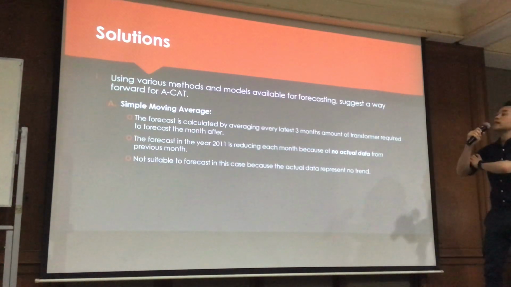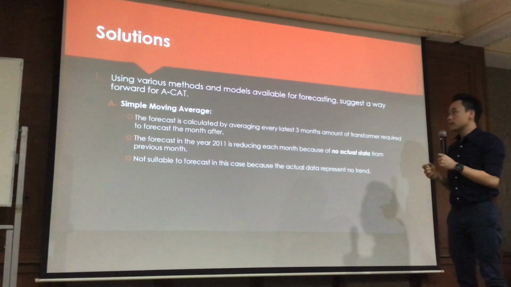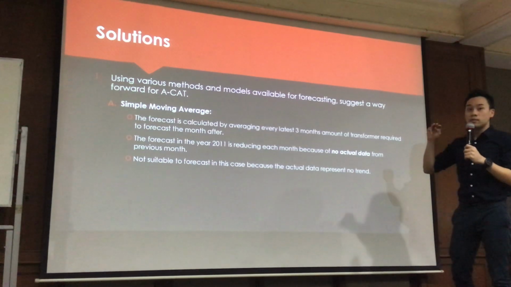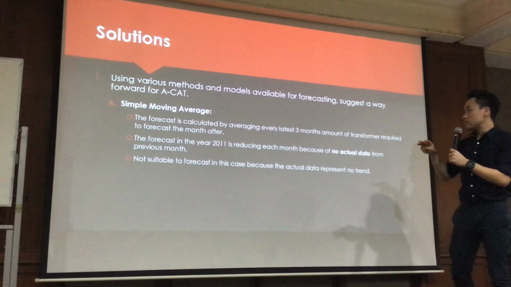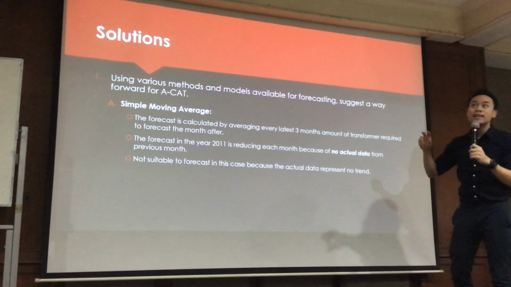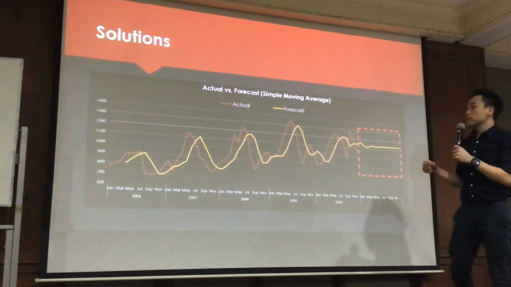The first solution is that we try the simple moving average. The forecast is calculated by averaging the most recent months and using that average to forecast the months after.